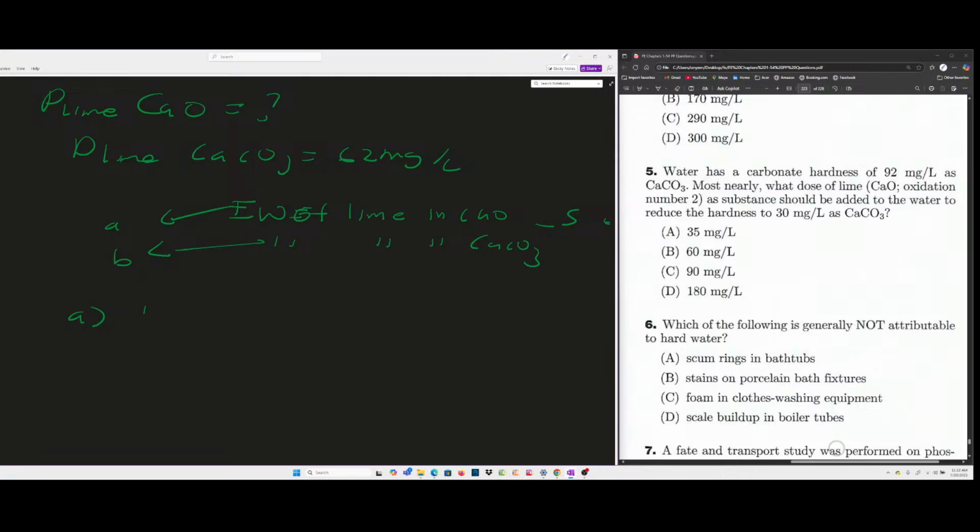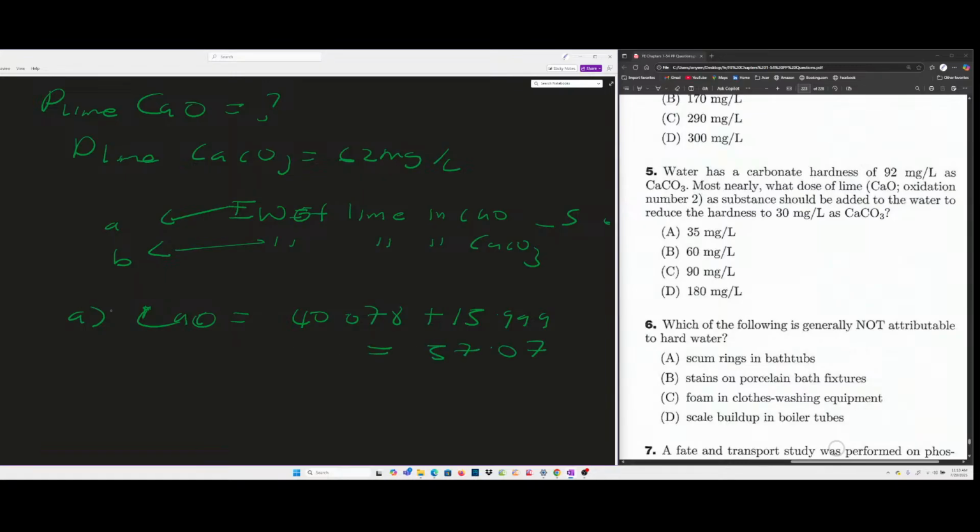The equivalent weight of lime in CaO: the molecular weight of CaO is 40.078 plus 15.99, which is also about 16, giving 57.07.